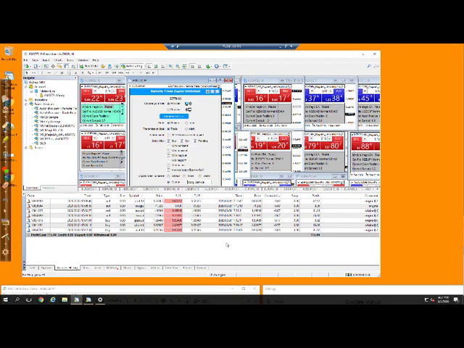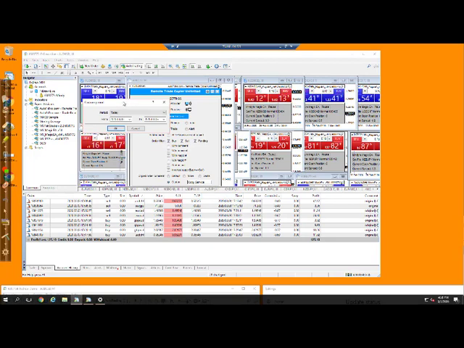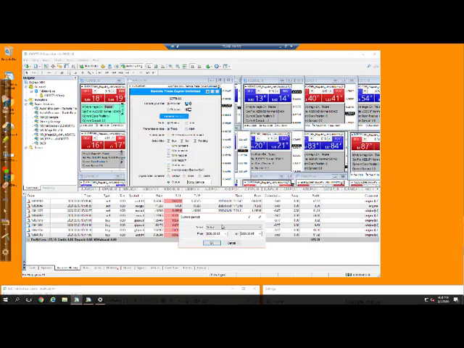But let's say I want to see how many trades have closed so far this week. If I wanted to change that, I would right click any place in the window and go to custom period. Okay, so here's the custom period box.